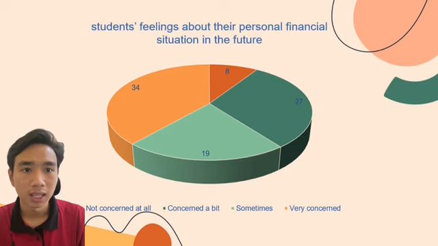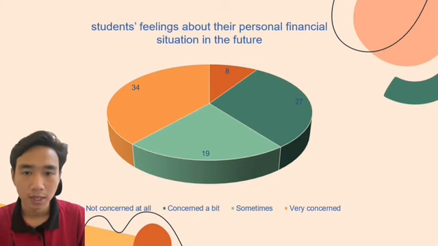The second highest is concerned a bit, at 27% of 42 participants, and sometimes is 19% of responses. The least, about a quarter of this graph, is only 8%, respondents who are not concerned at all. Thank you.